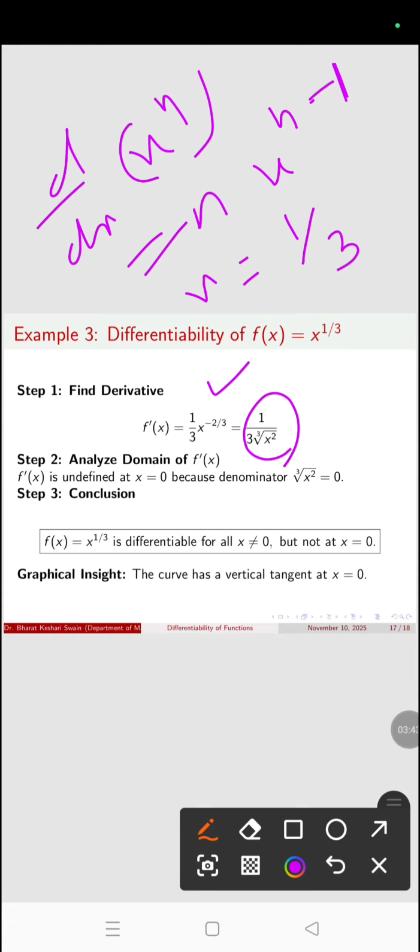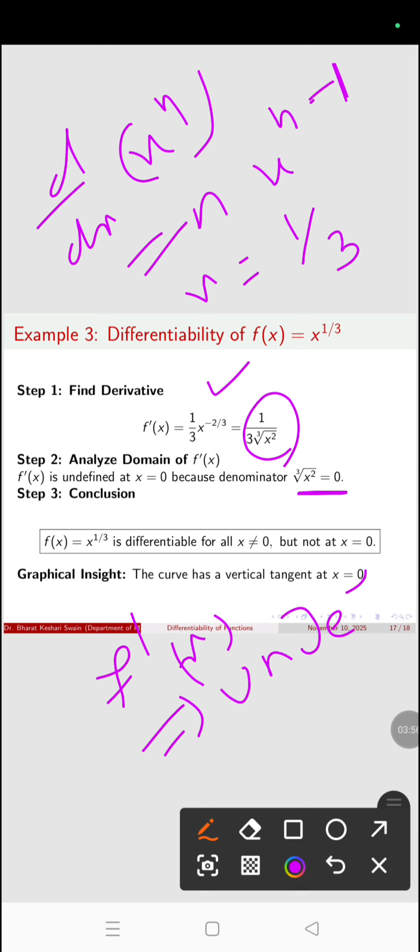You can write it like this and check the denominator. If the denominator will be 0, f dash x will be undefined at x equal to 0, because the value will be infinity at x equal to 0.